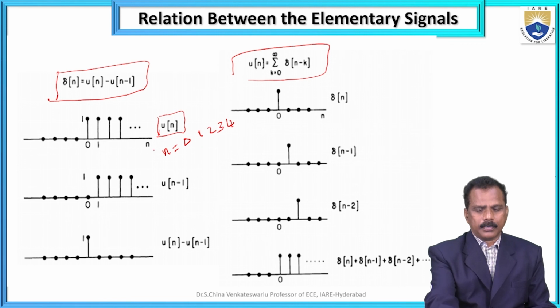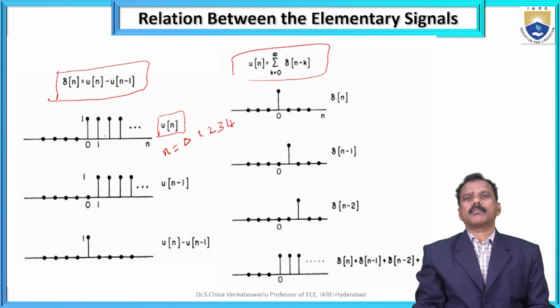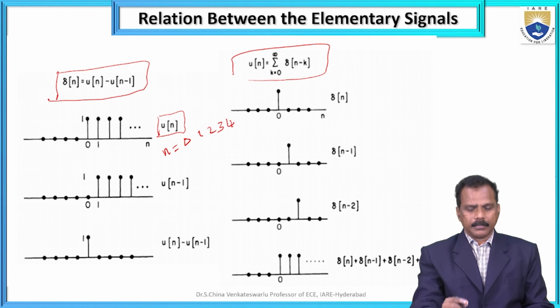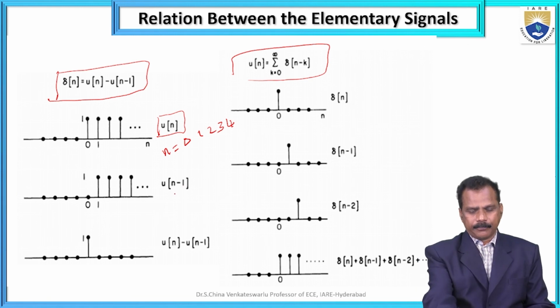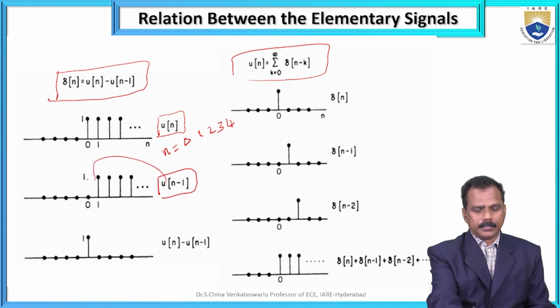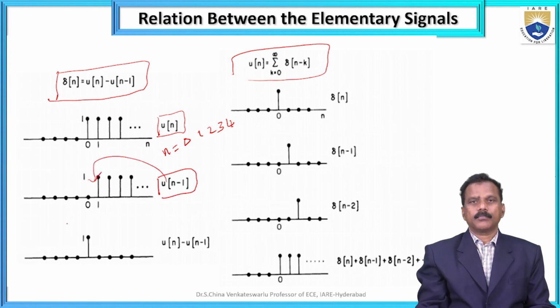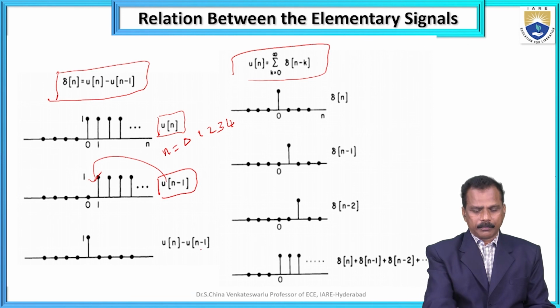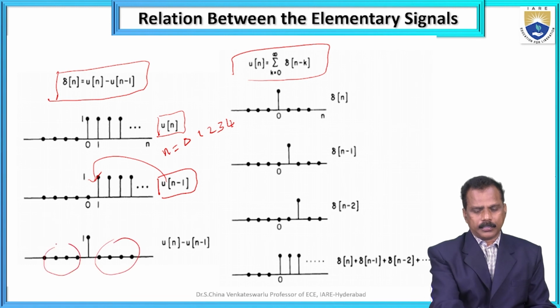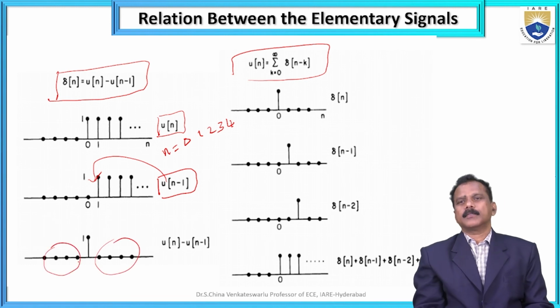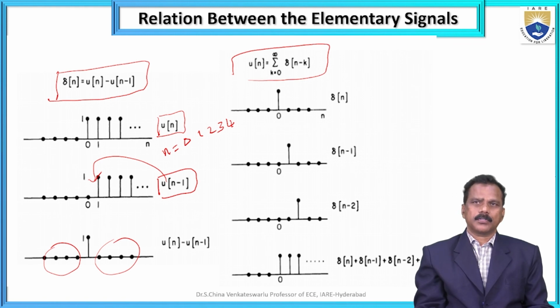So u of n versus u of n minus 1, it will appear here, this area and this area, those samples. Similarly, u of n is equal to the summation from k equal to 0 to infinity of delta of n minus k.